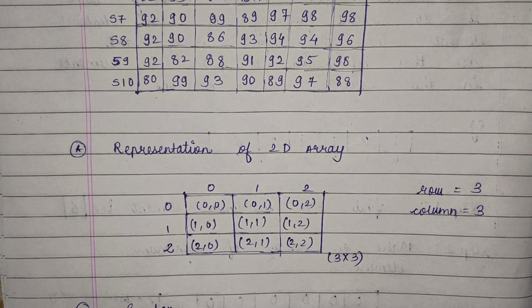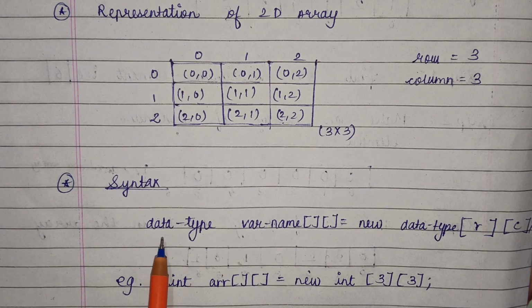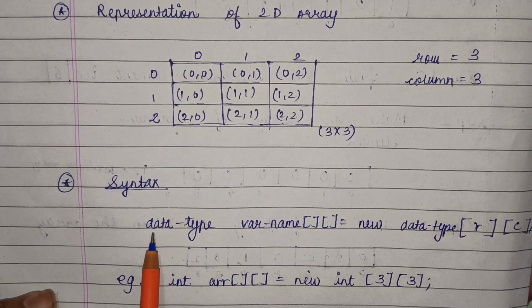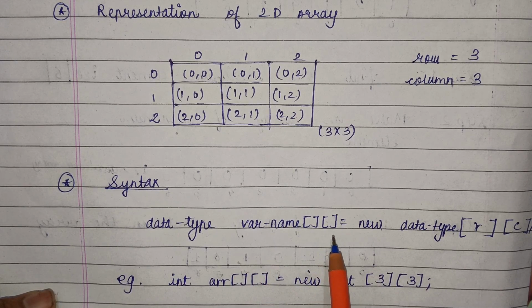Let's see the syntax of how we can create a 2D array in Java. This is the syntax. First we have to write a data type, then the variable name, and then add two square brackets.